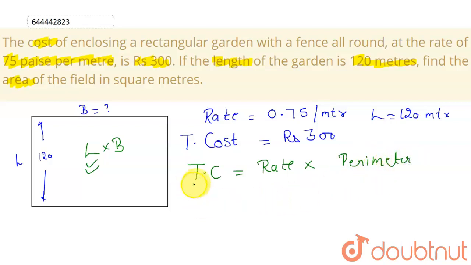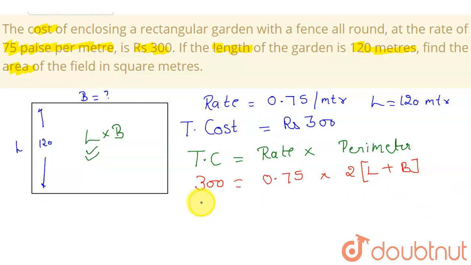Total cost is given as 300 and rate is given as 0.75 per meter. And the perimeter of a rectangle is 2 into (L plus B).